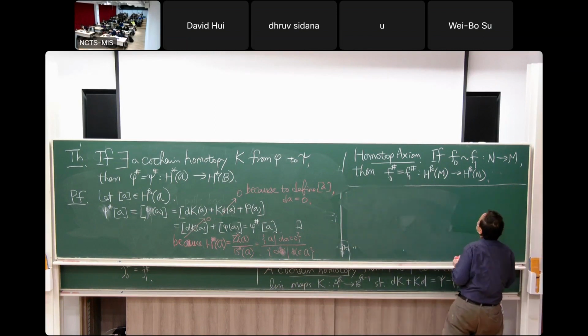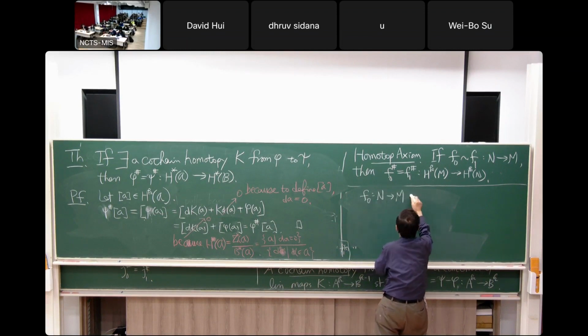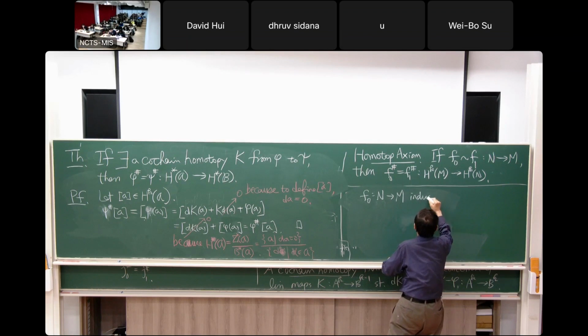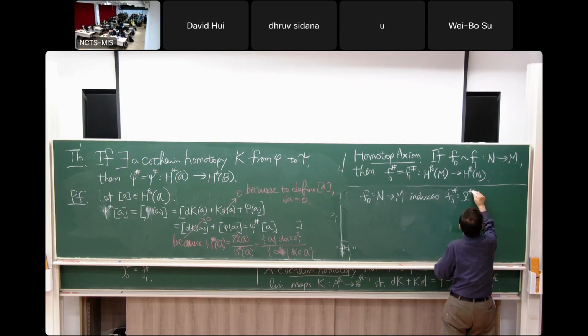So we know that F0 from N to M induces F0 star on forms by pullback.